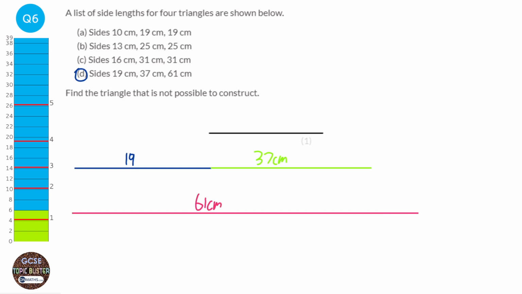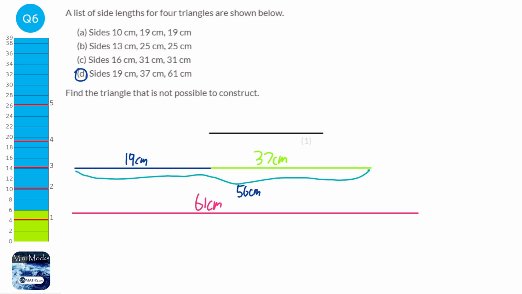Now, looking at the first two sticks, the combined distance of them, when we add them together, 19 centimetres plus 37 centimetres, is 56 centimetres. So that's the combined width of them. And you can see that that actually wouldn't be able to create a triangle if the third stick is 61 centimetres.